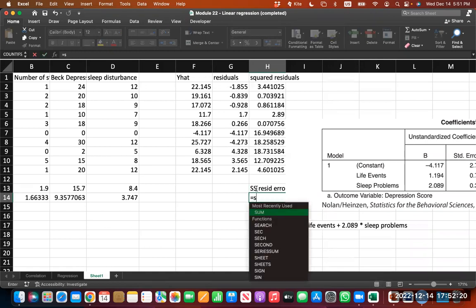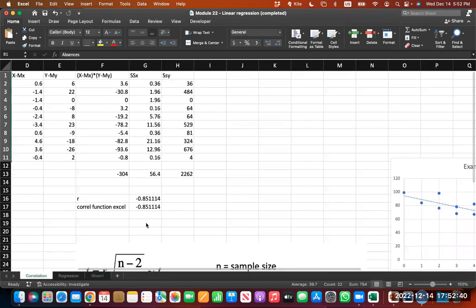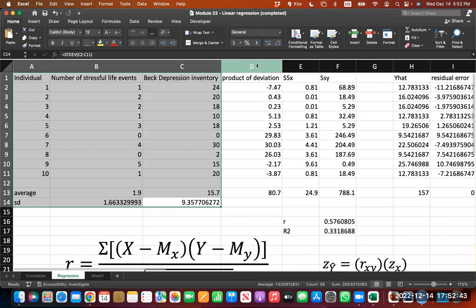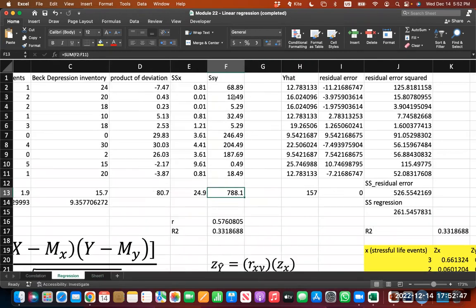And please know how to do that, because that's very essential, very important. So you have now a residual error of 79 from a previous 526. So you have substantially reduced that error that is left. So we have now here a total sum of squares of 788.1.